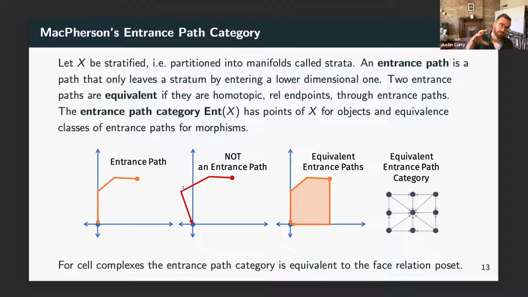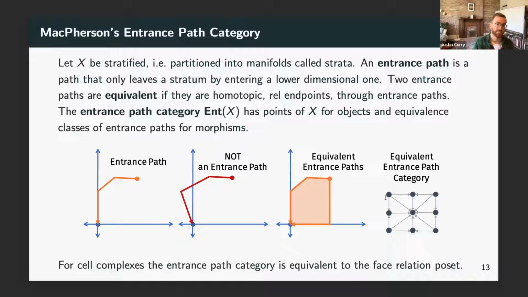Of course, we don't use these paths directly to form our morphisms, but rather we use an equivalence relation and say that 2 entrance paths are equivalent if they're homotopic rel endpoints through entrance paths. With this definition, suddenly there's a nice combinatorial gadget which arranges all the points in this stratification of the plane, which just looks like, again, a poset.